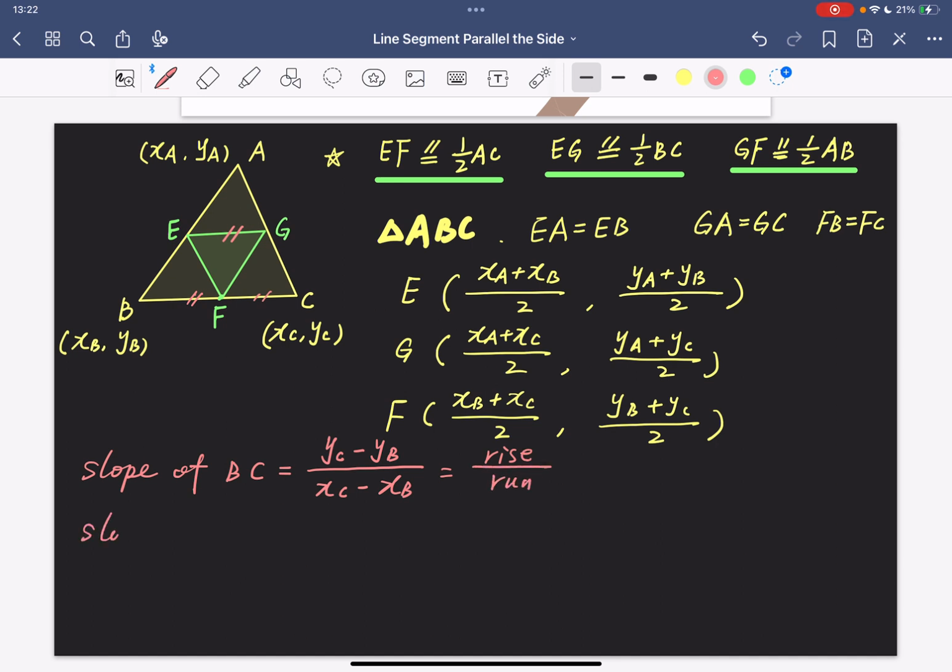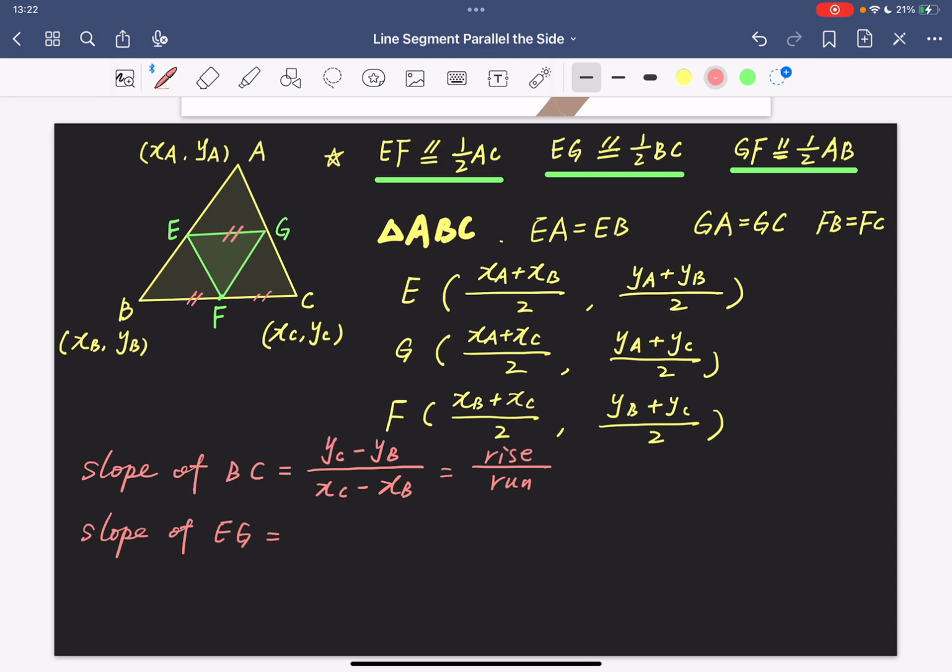Similarly, the slope of EG can be calculated like this. Its y-coordinate minus the other point's y-coordinate, over the x-coordinate minus the x-coordinate of point E. So we need to use this one minus this one over this x-coordinate minus this x-coordinate.